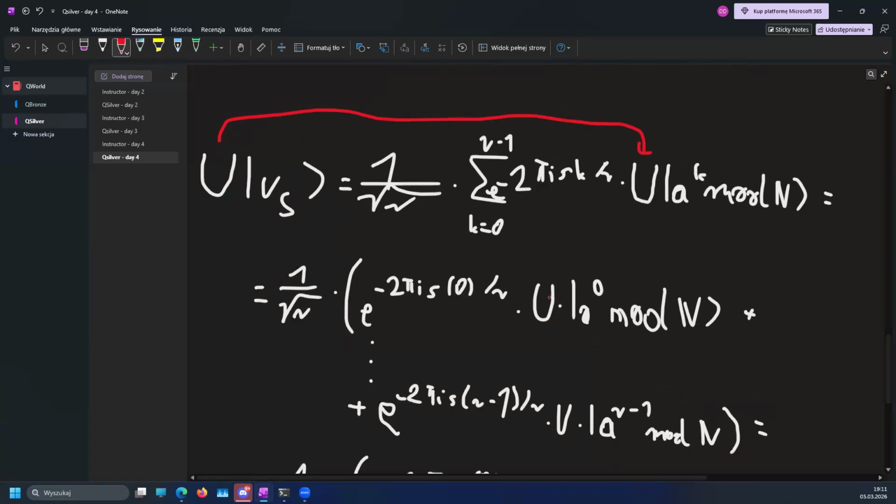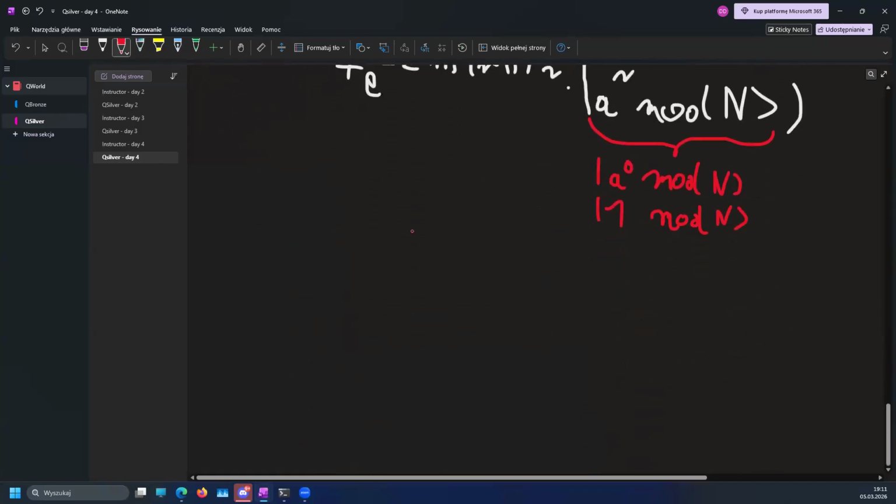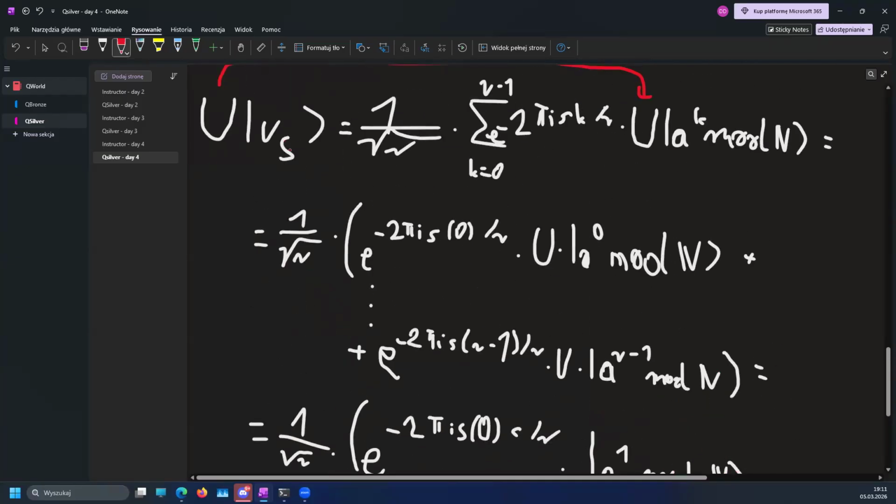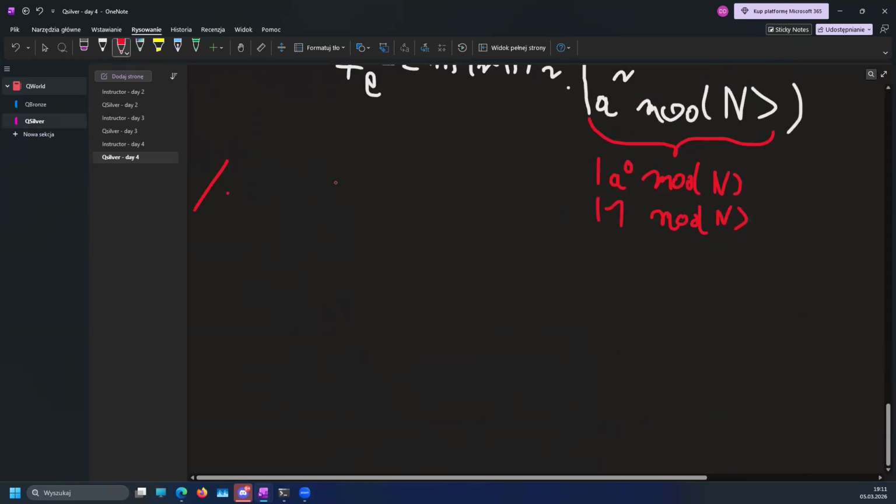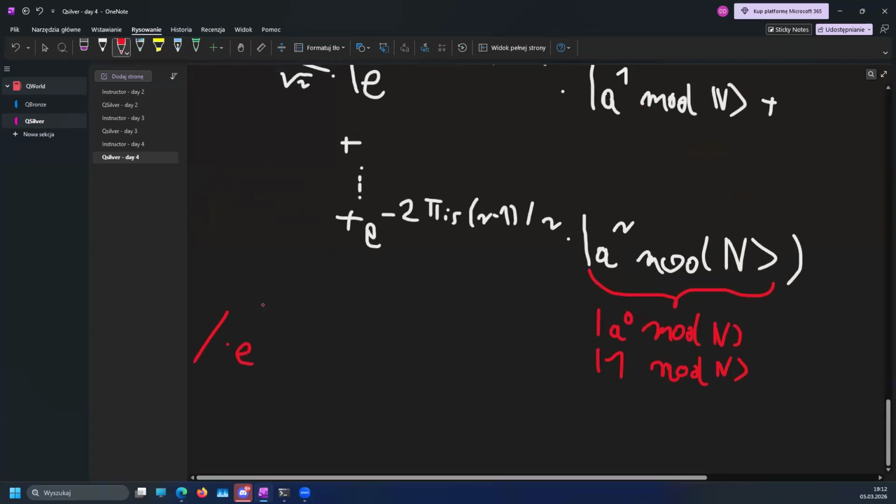And now, if we multiply the result of this multiplication, I will write it in that way, by e to the power of 2 pi i s divided by r, and again by e to the power of minus 2 pi i s divided by r.